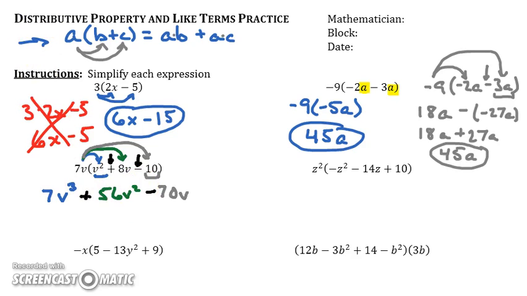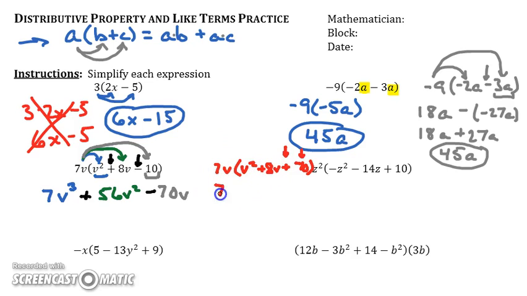What I did was I took 7v times, and I can rewrite this entire thing actually. So if I rewrite this, I'll rewrite it in red over here. 7v times v squared plus 8v plus a negative 10. And if I add a negative 10, that's the same as subtraction. That's actually the definition of subtraction. When I add the additive inverse of 10, that is the same as subtracting 10.